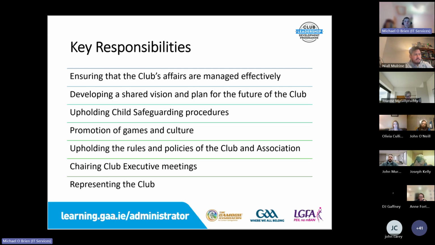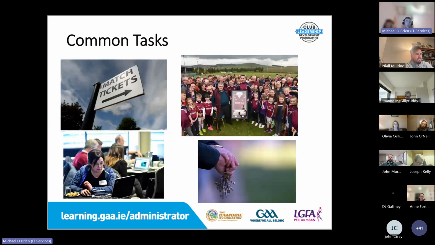Some common tasks, and look, you can throw into the script a few more common tasks that you may have already been involved in, but selling match tickets would be a common task you might do. Presenting medals, presenting awards at the end of matches, is another common task a club chairperson will do. Chairing meetings and being involved in meetings is another key task.